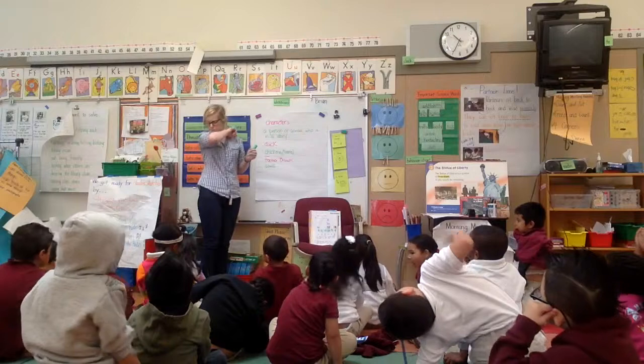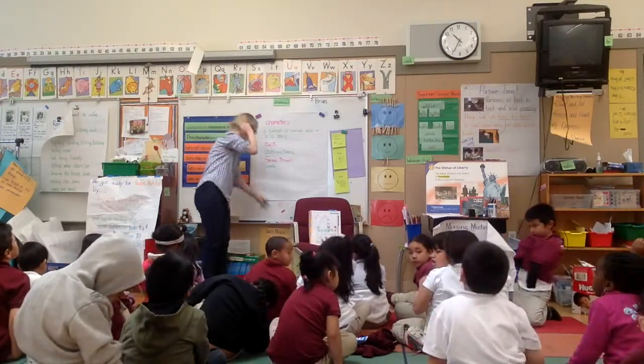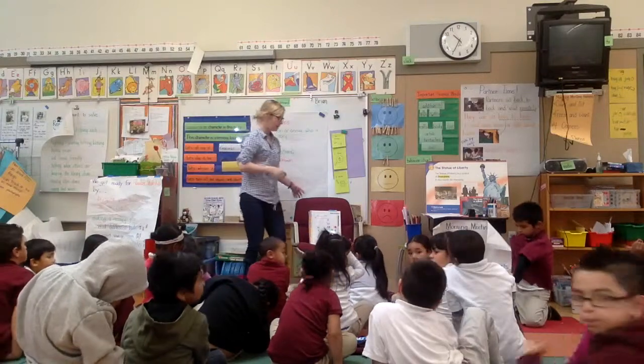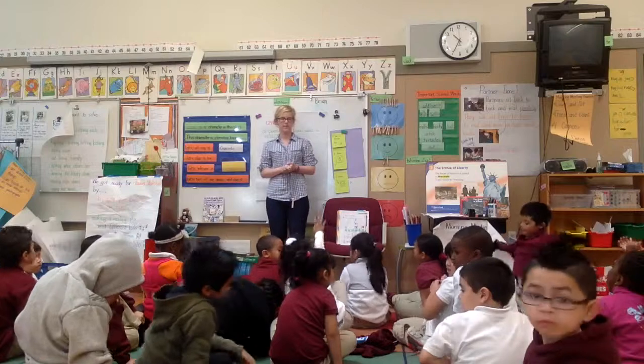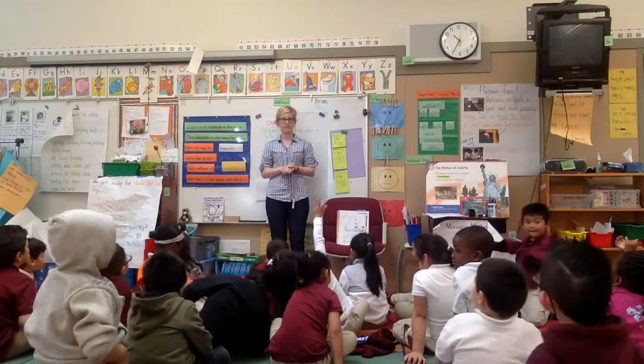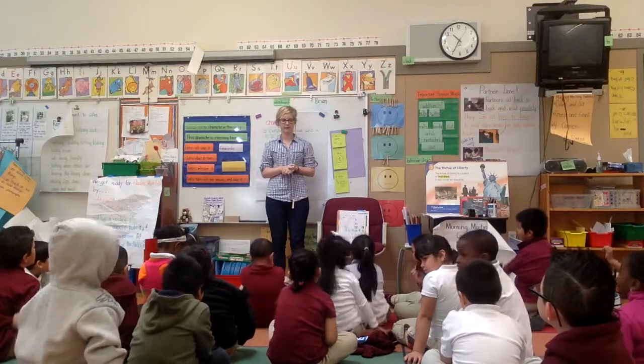They did things that were really important. Okay. Now that we have our list of characters, we can use our sentence frame. I would like faces up here, Jose. And hands down. And friends on their bottoms.